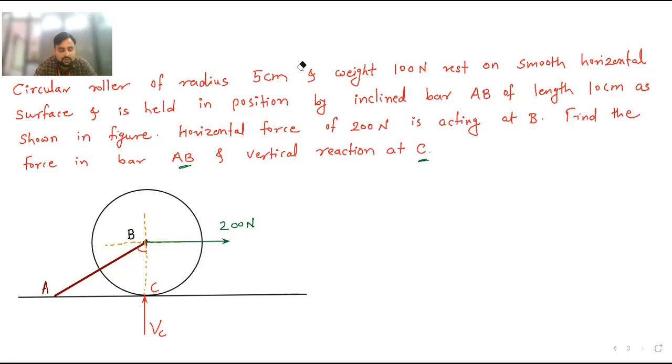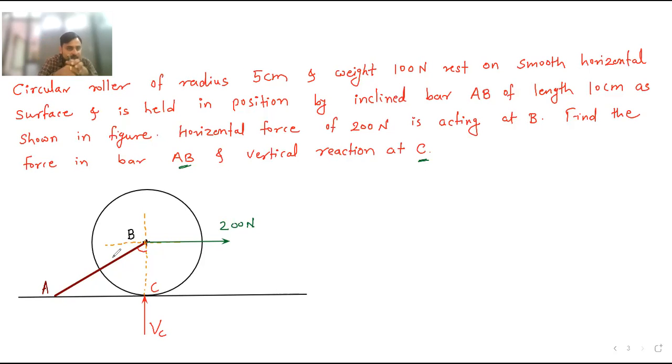Now how to find out this? Think on this. This bar AB is there so that the circular roller should not move forward. To resist that motion, this bar is tight.